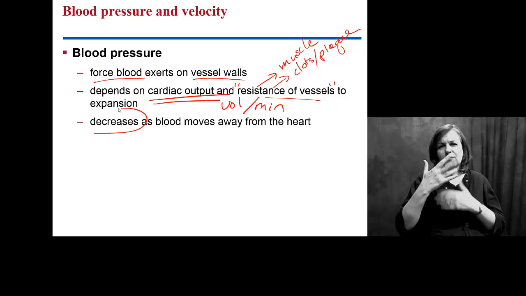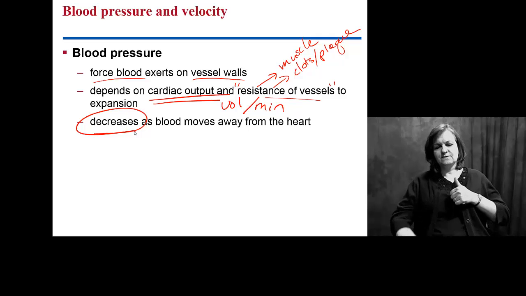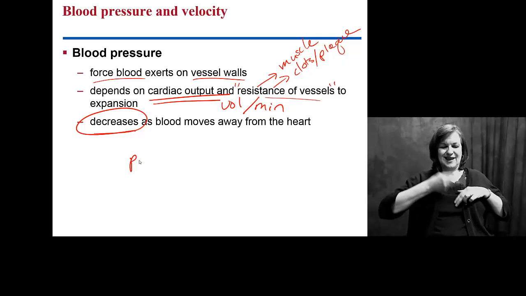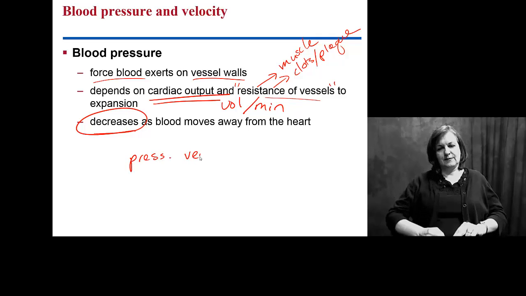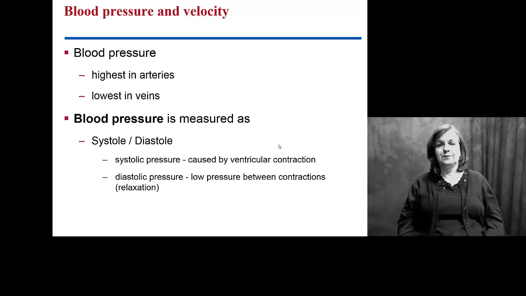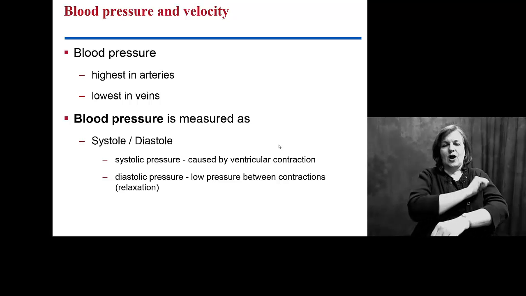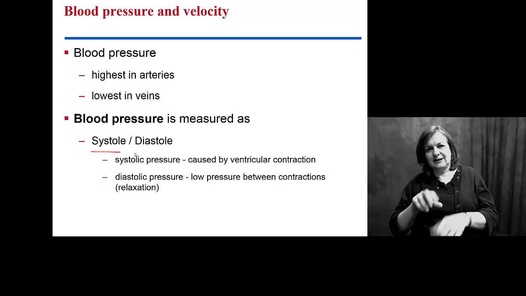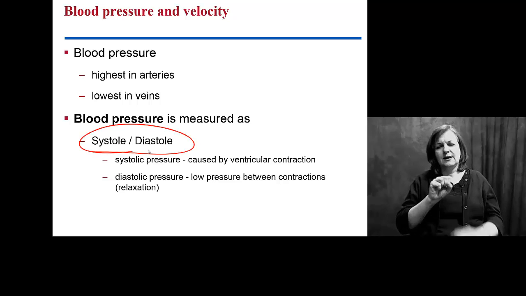The blood pressure, regardless, will decrease as you move away from your heart. We said that the pressure in the veins is actually fairly low. Highest in the arteries, lowest in our veins. We mentioned before this idea of systole and diastole and where we get those two pressures.